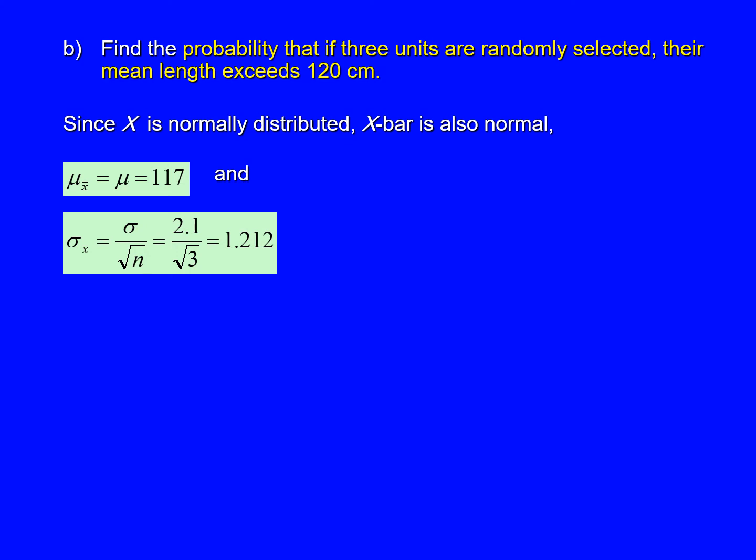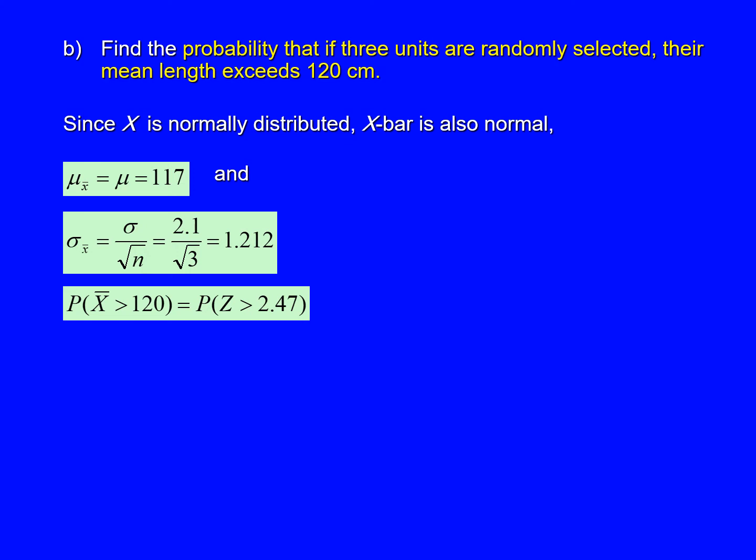Then the standard error of X bar equals 1.212. Then we can calculate the probability that X bar is greater than 120. The same idea, the same solution as the previous part.